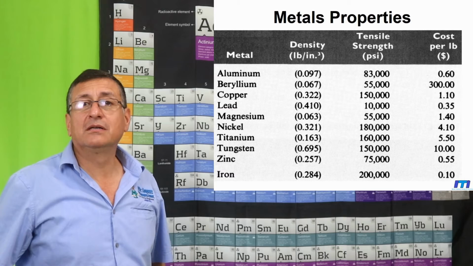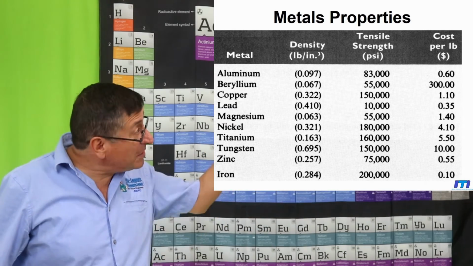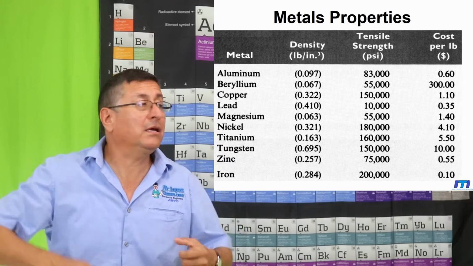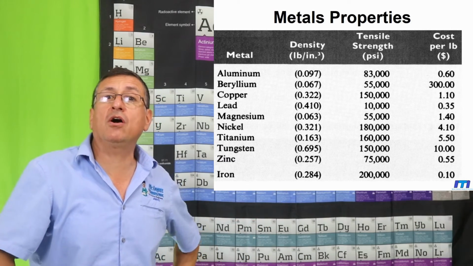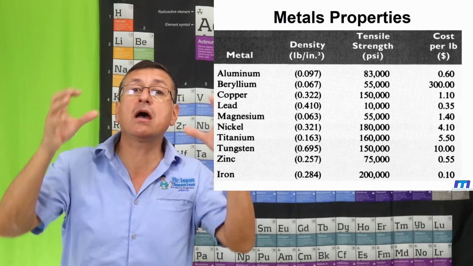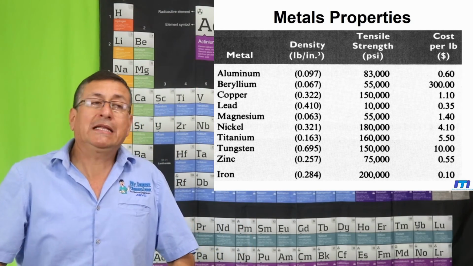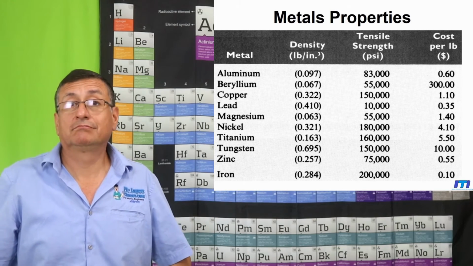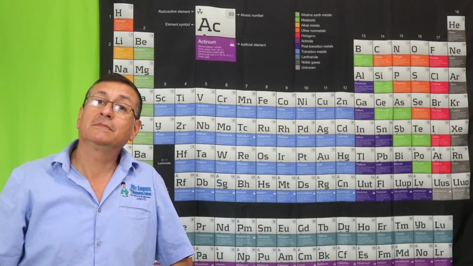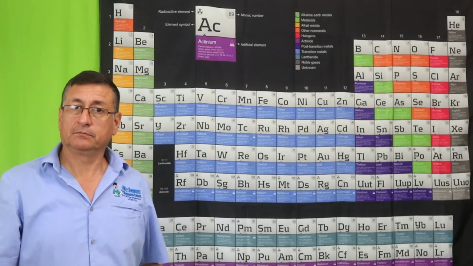It's strong, it's cheap, it's the cheapest, and the tensile strength is the maximum in comparison with the other ones, and it is the most abundant metal on the earth. And the cost is the cheapest in comparison with the other ones. That's wonderful. This is iron.